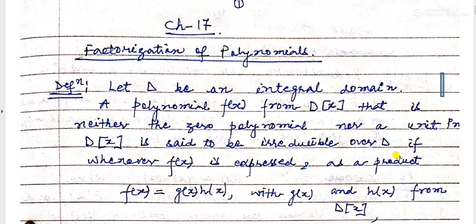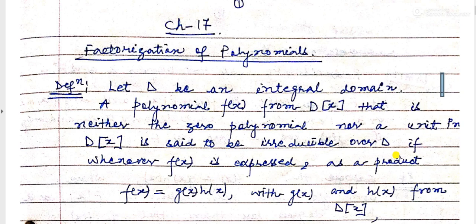So a non-zero non-unit polynomial is said to be irreducible if whenever f(x) is expressed as a product g(x)h(x), then either g(x) or h(x) is a unit. Either g(x) is a unit in D[x] or h(x) is a unit. Then we say that the polynomial f(x) is irreducible, and otherwise it is said to be reducible.